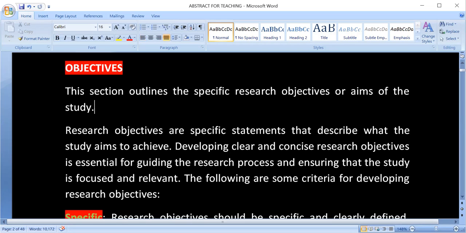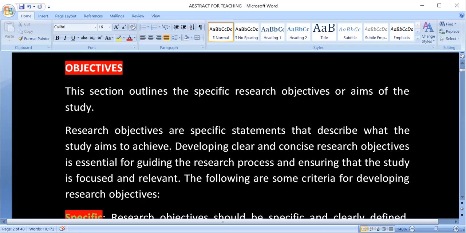It will also not help you in taking the right research approach or methodology. Your design will be affected, and if this is affected, the result will be affected.